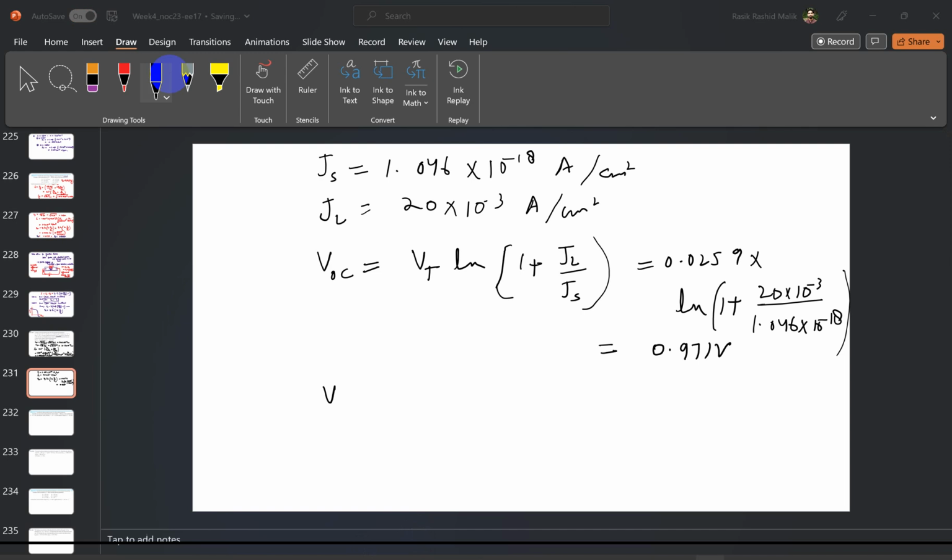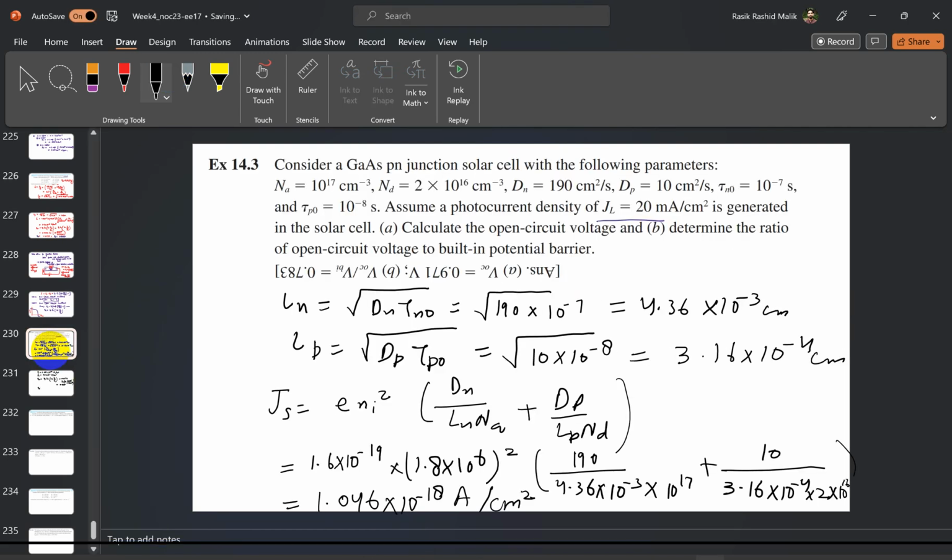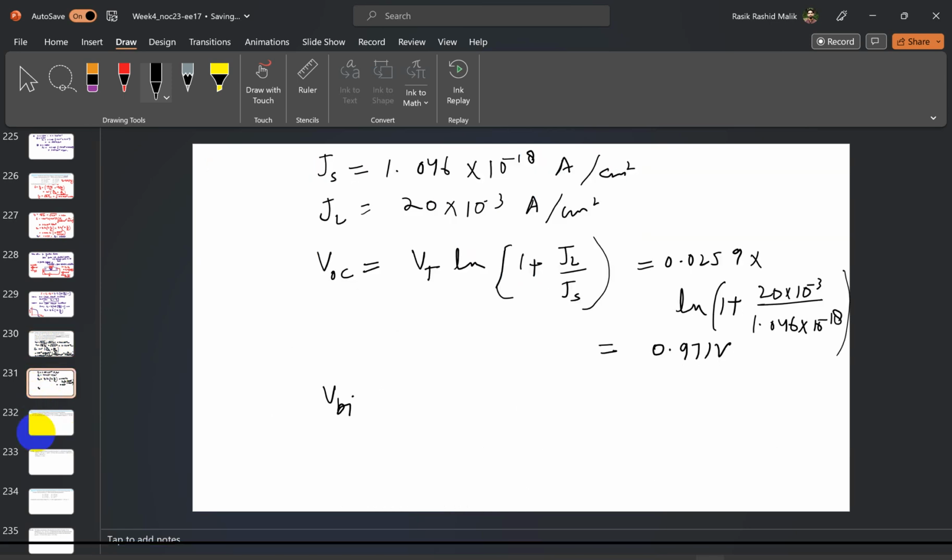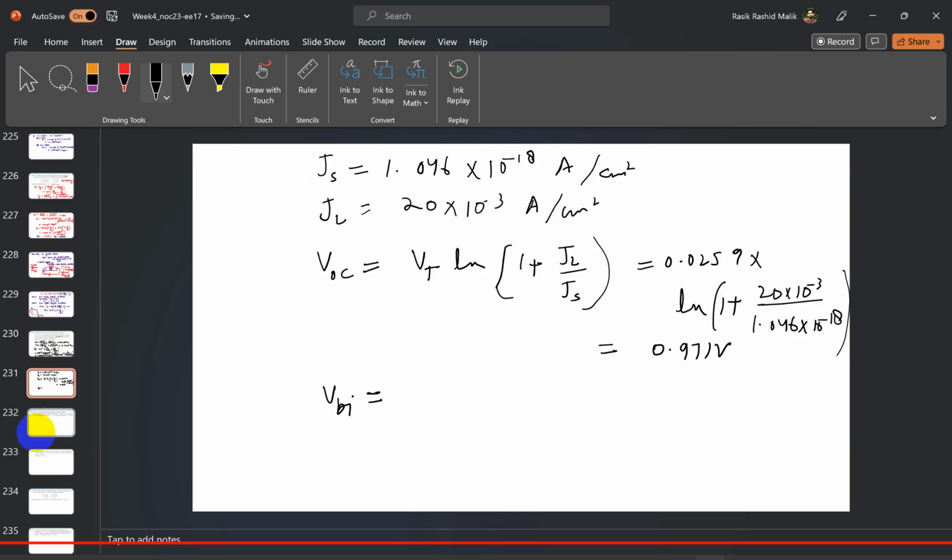And the next part of the question is about calculating the barrier potential and finding the ratio of open circuit voltage to the barrier potential. So VBI is simply Vt ln of Na Nd divided by Ni square.